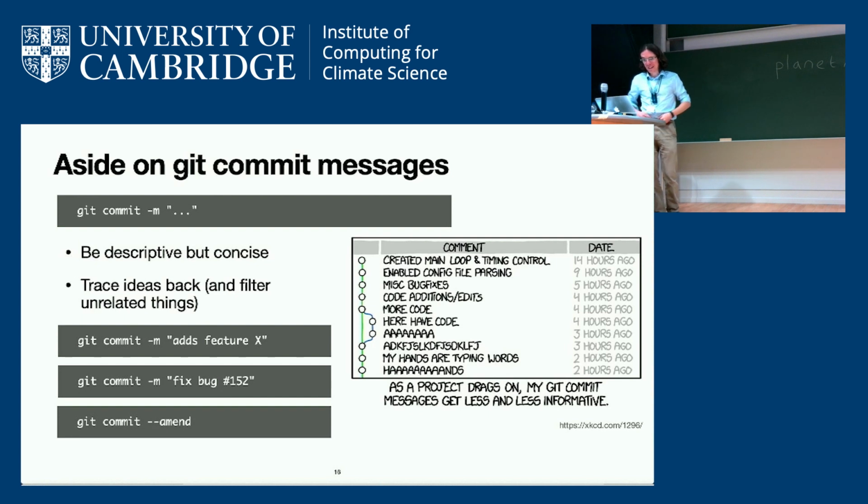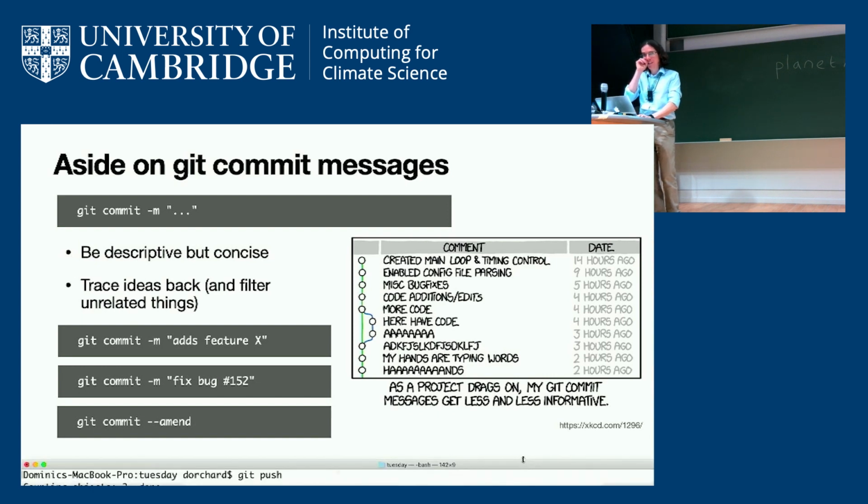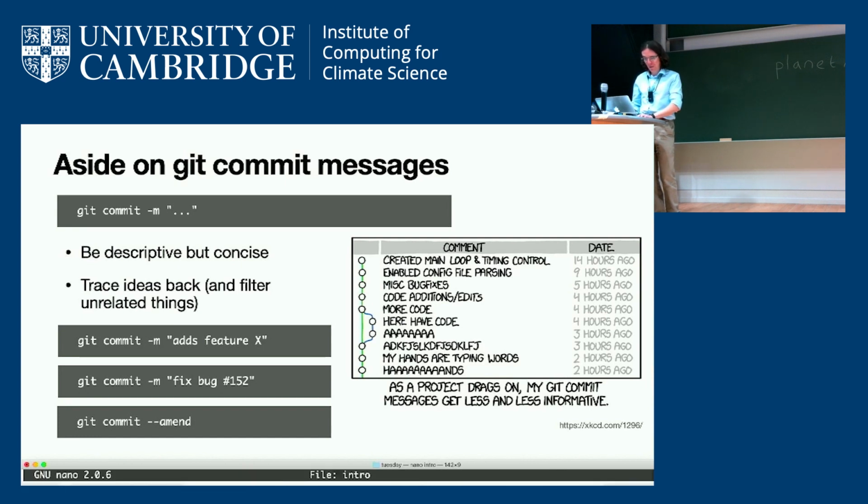So a thing that I learned a while ago, which I think is very neat, and this is going to be in the practice, is another variant of add, which is git add -p. So what that lets you do is, let's say I have a load of other stuff here.